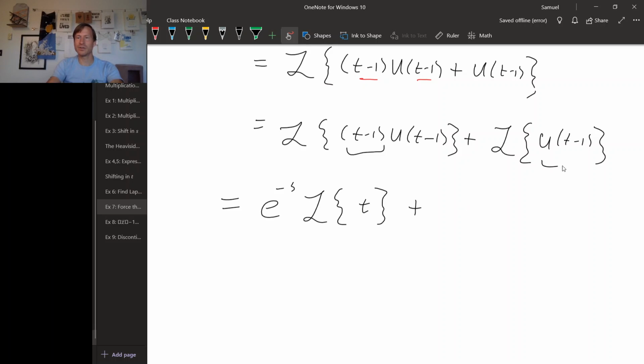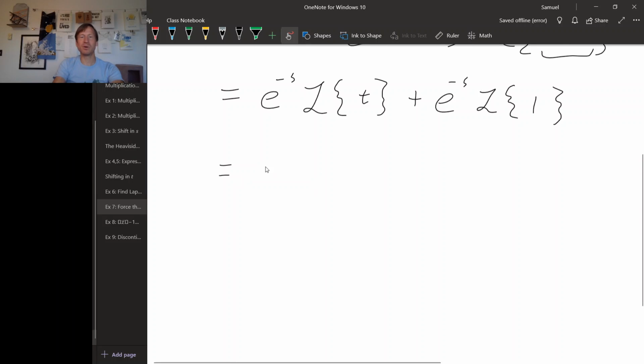Plus, over here, the Laplace transform of a shifted step is e to the minus s times the Laplace transform of the unshifted function. What is the unshifted function here? Well, there's a hidden times 1 right there, so the Laplace transform of 1. And we know both of these. So e to the minus s times the Laplace transform of t is 1 over s squared, plus e to the minus s times the Laplace transform of 1, which is 1 over s.